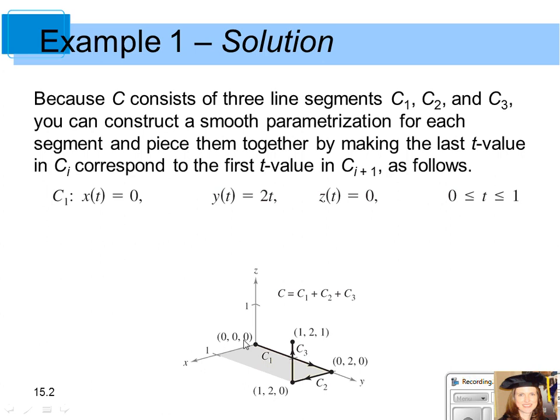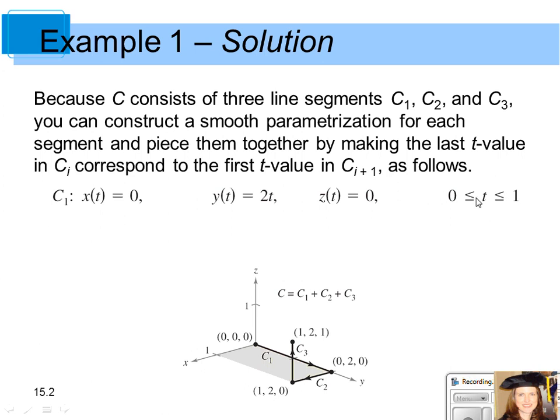The x is a constant 0, the y is going from 0 to 2, and the z is going from 0 to 0. So x is equal to 0, and z is also equal to 0. And for the parametrization of y, we can say y is equal to 2t. And the time interval is from 0 to 1.